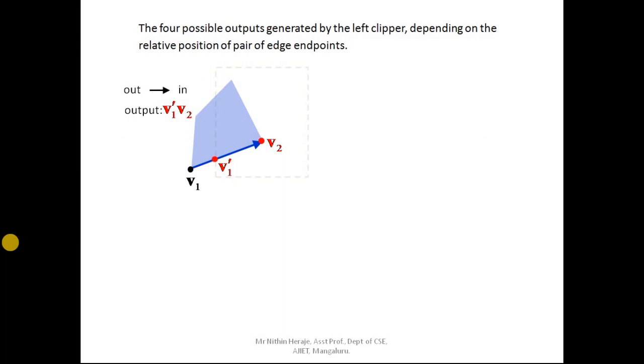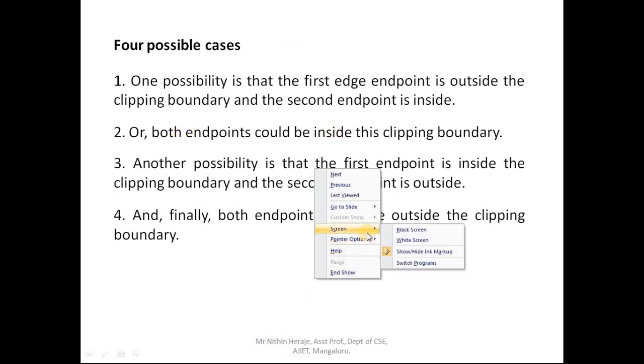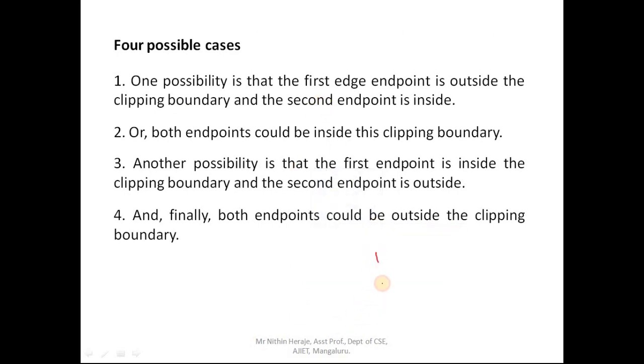Okay, so let me go back here. Let me draw a clipping window. So the first point says that first edge end point is outside the clipping boundary and the second point is inside. That means first point is here and the second point is inside the clipping window.